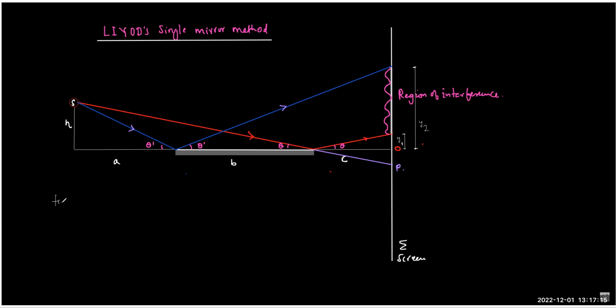And we can write tan theta equals, on the right triangle, tan theta is y1 by c, right? Yes, sir. But on the left of the same triangle, it is h by a plus b. So we got y1 equals c h upon a plus b, correct? Yes, sir.